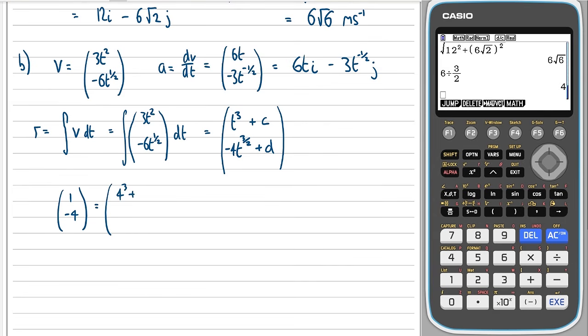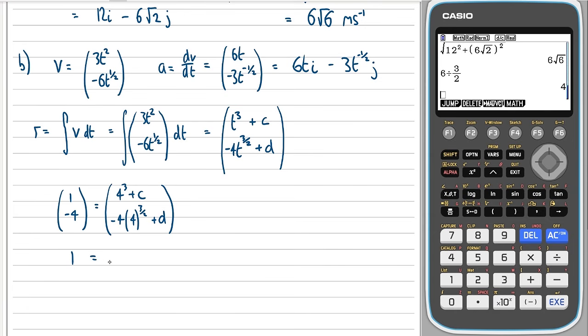So 4 cubed plus c, and minus 4 times by 4 to the 3 over 2 plus d. And again, the reason why I'm doing this in vector form, it makes it so much easier to figure out these constants.